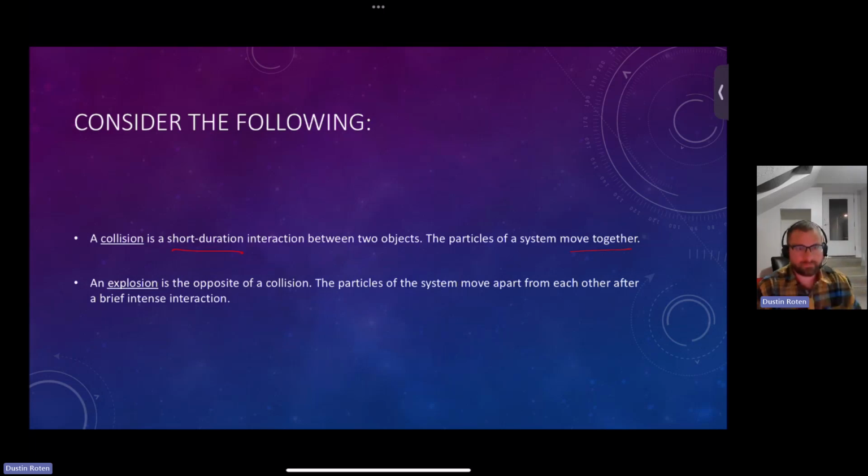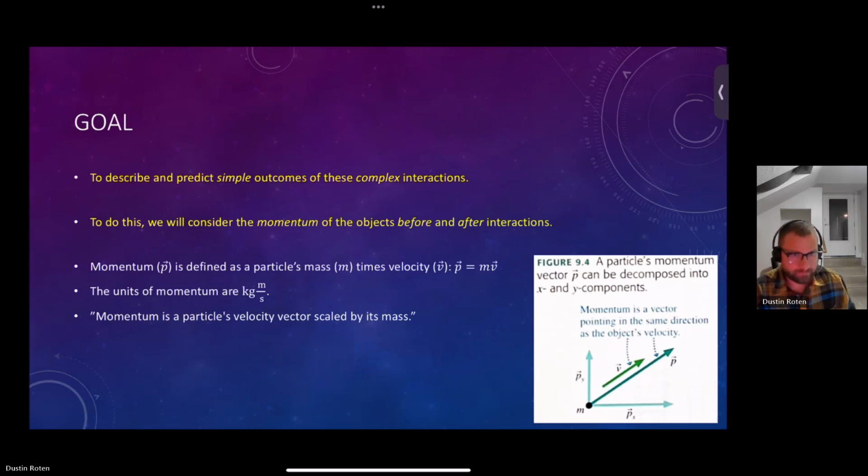These are very quick interactions. The opposite of that would be an explosion. This is when the particles of a system move away from each other after a brief, intense interaction. So things are either coming together in a collision, or moving apart during a brief, intense interaction, and that would be an explosion.